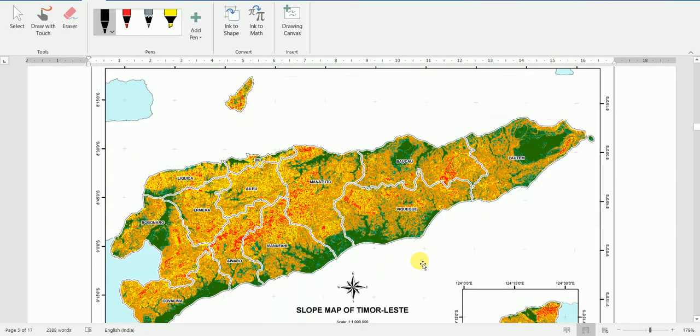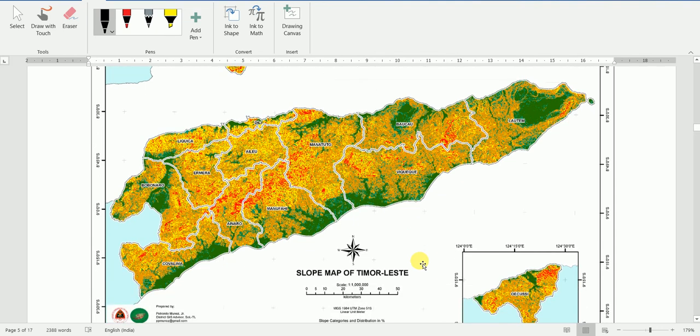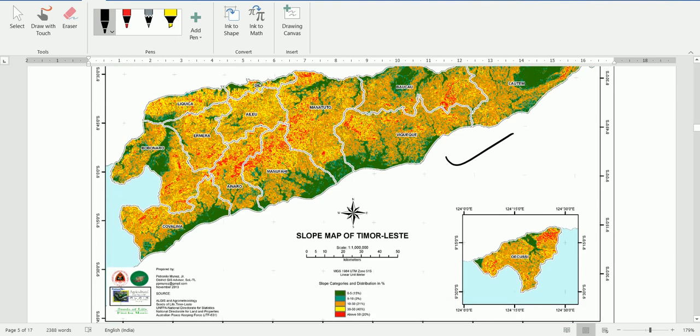This is also another type of relief map. Here this map shows a slope, the slope of Timor Leste, a small country.